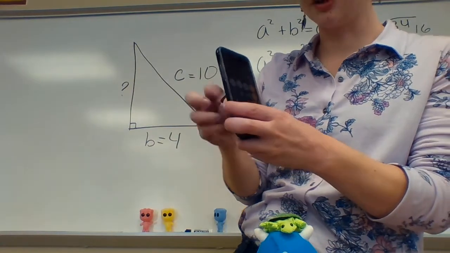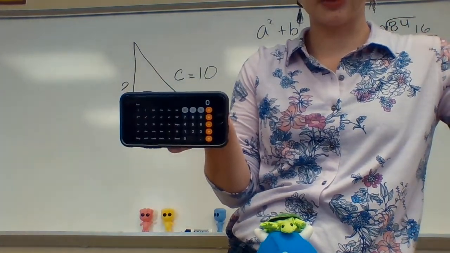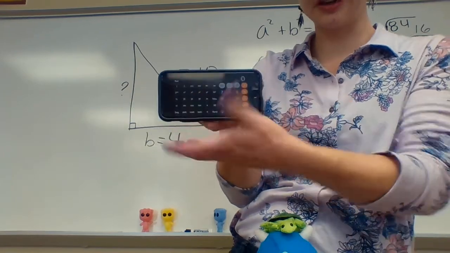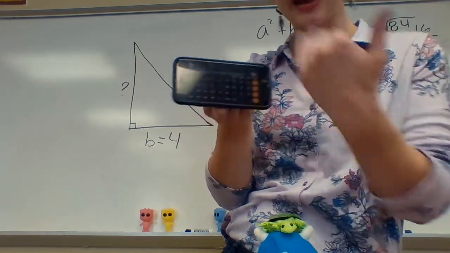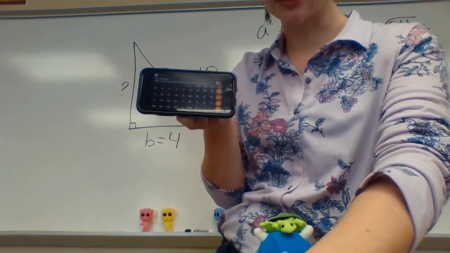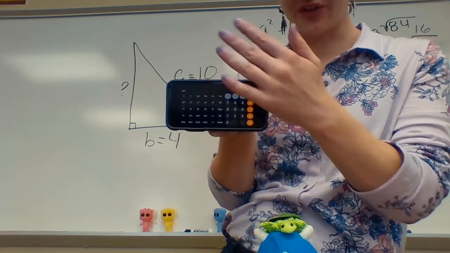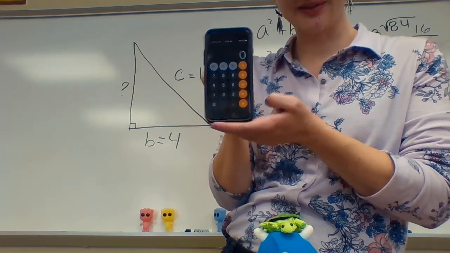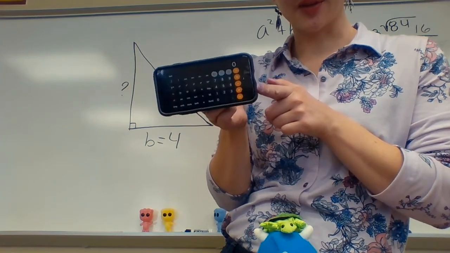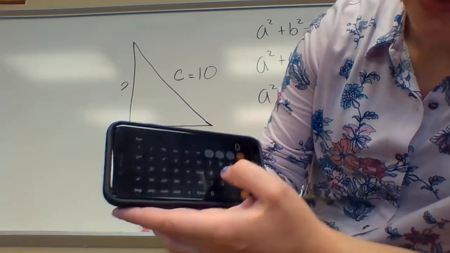If your auto lock is still on, then it won't be able to do this. You're looking for it to rotate and turn into a scientific calculator. If you already have a scientific calculator, sorry about that, then you don't need to do anything with it. But phones like iPhones and Samsung, I believe, have to rotate so they get bigger. Anyway, we're going to take 84.